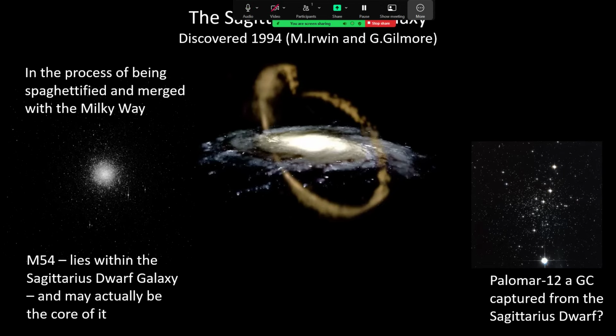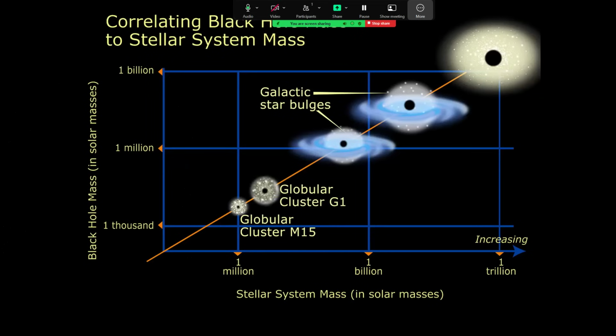But one of the things that we know about galaxies in particular is that they all have these supermassive black holes in the center, and there is an amazing correlation between the mass of the black hole and the mass of the galaxy itself.